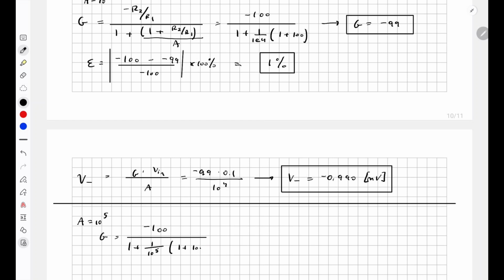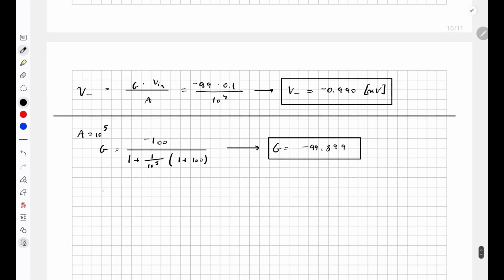The inside stays the same. If I use the calculator, it says that G is -99.899.